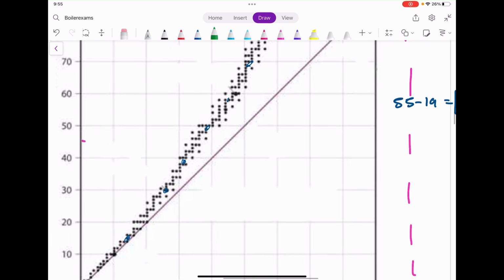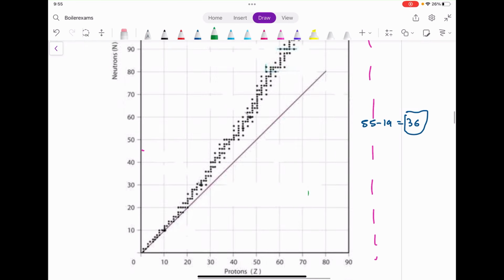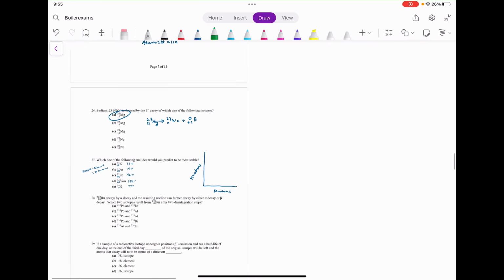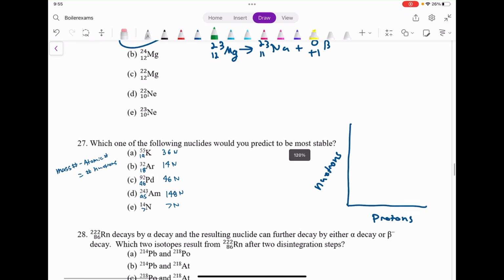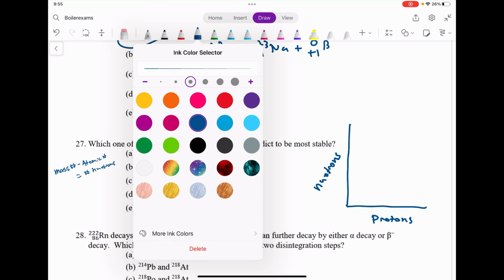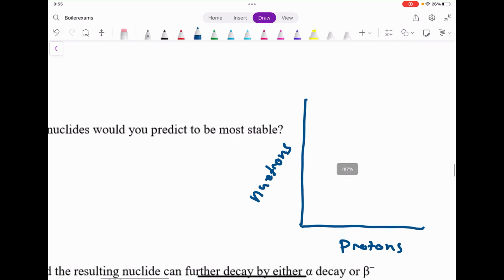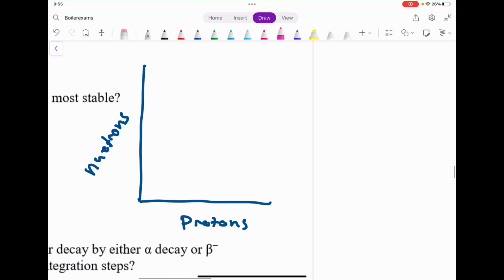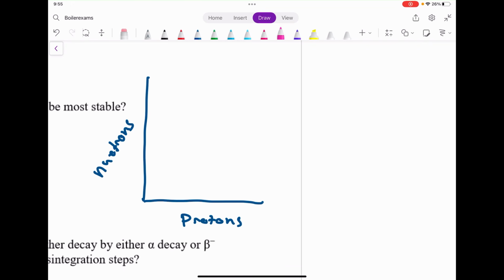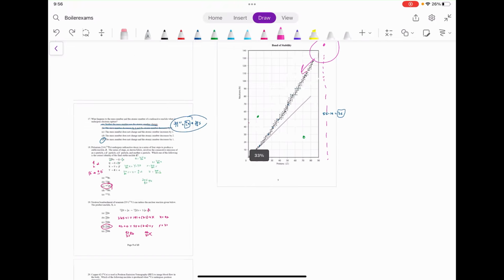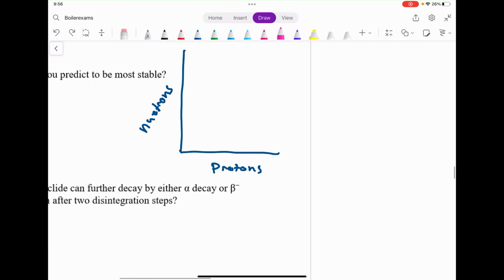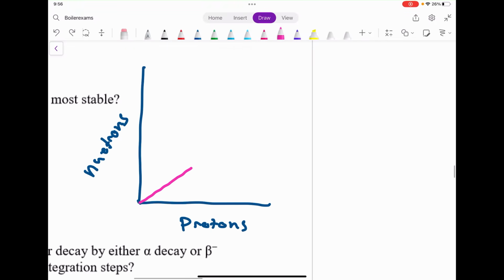And anything that might be off over here or over here is not stable. But let's pretend we don't have that real quick, so you can still solve this problem without it. And maybe they don't give it to you. So, we know roughly what the band of stability looks like. It follows a rough 1-to-1 trend and then slopes up.